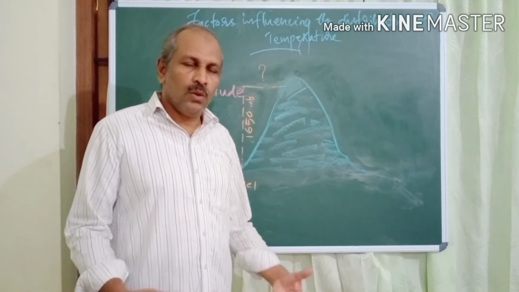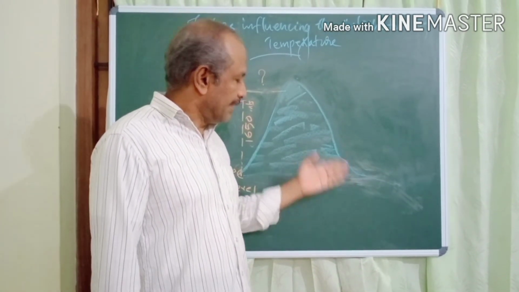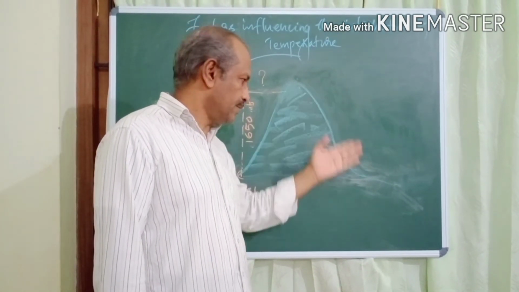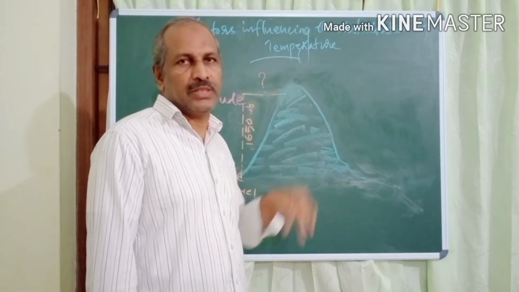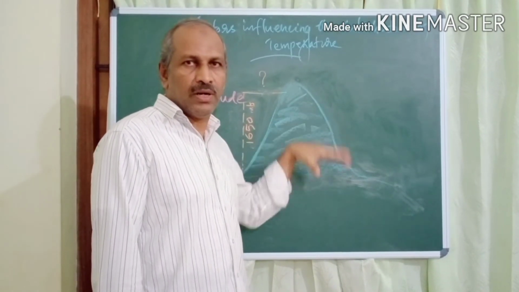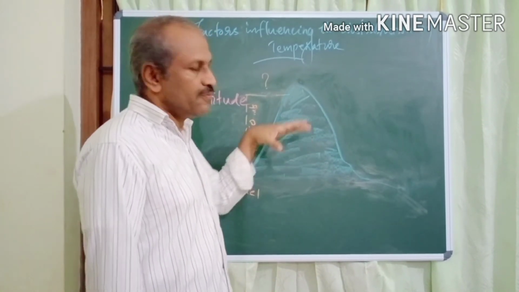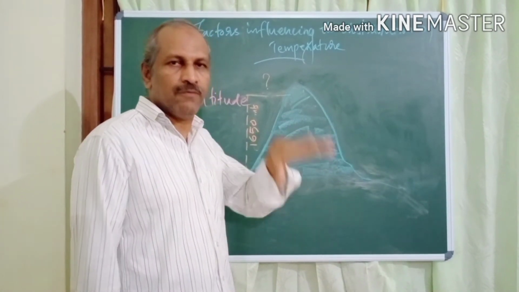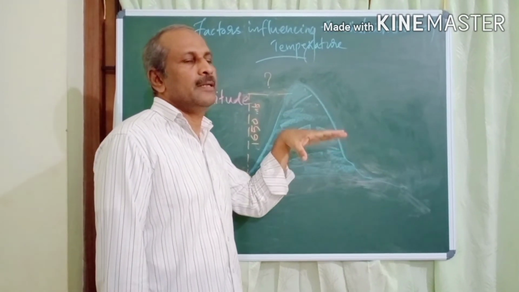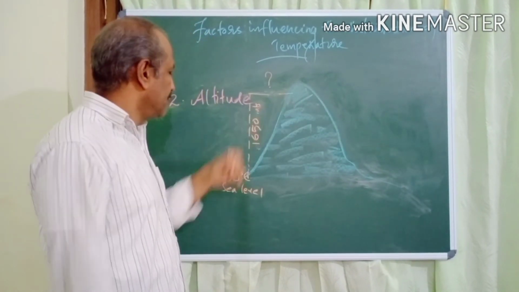So we know that the temperature decreases as we go upward from the sea level within the troposphere. You know that there is a fall of 1 degree Celsius for every 165 meters of height. Look at the figure.